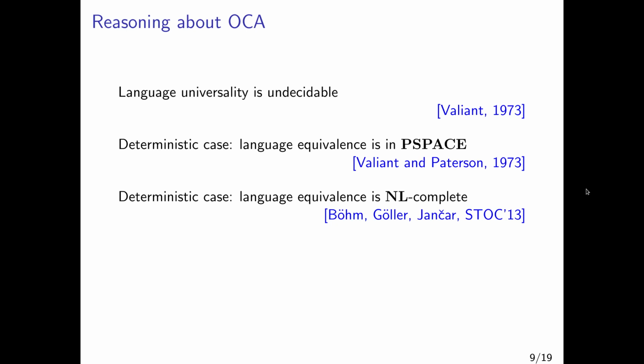But at the same time, in the deterministic case, language equivalence can be decided in polynomial space due to Valiant and Paterson. And it took 40 years before Böhm, Göller and Jančar showed that, in fact, language equivalence is NL-complete. But most importantly for our work, shortest accepted words by one-counter automata have polynomial length. We proved a couple of years ago that they are actually at most quadratic, but this is not important for this work.